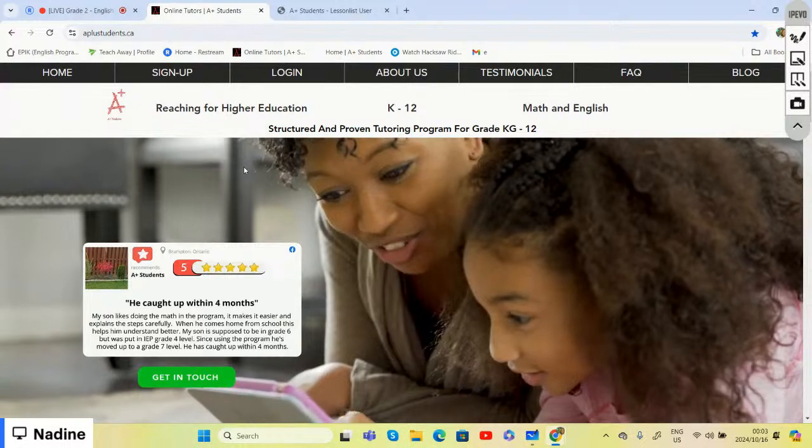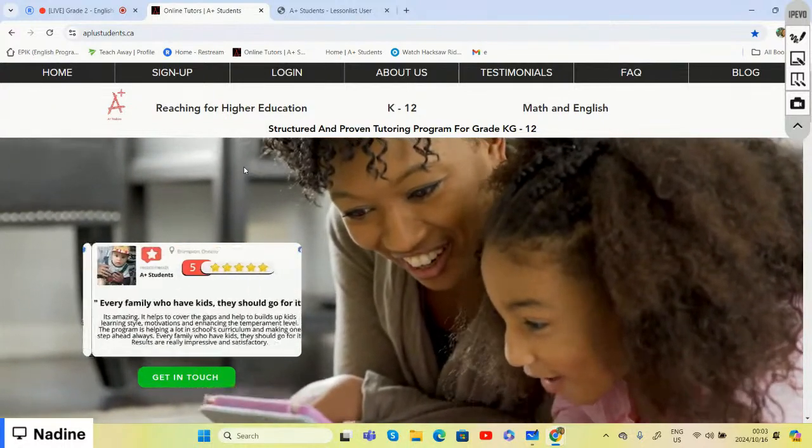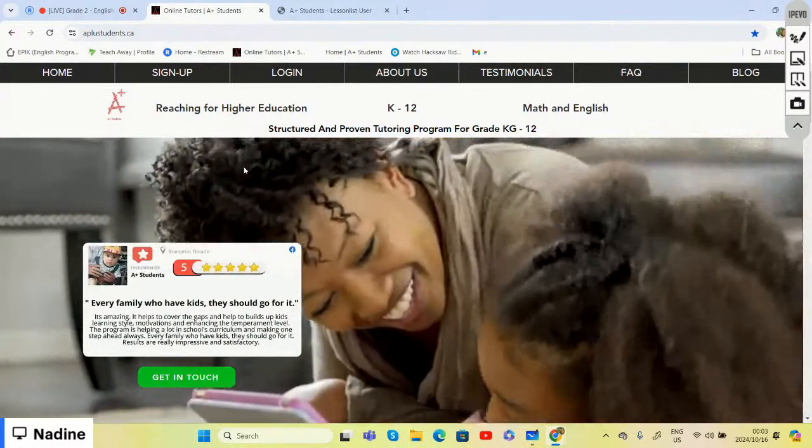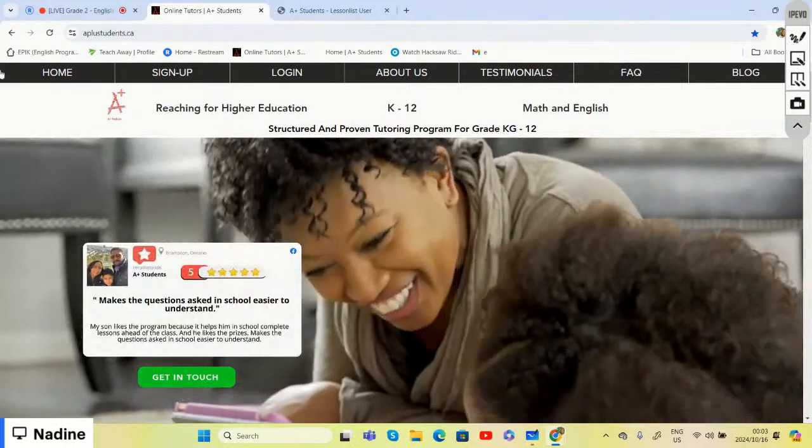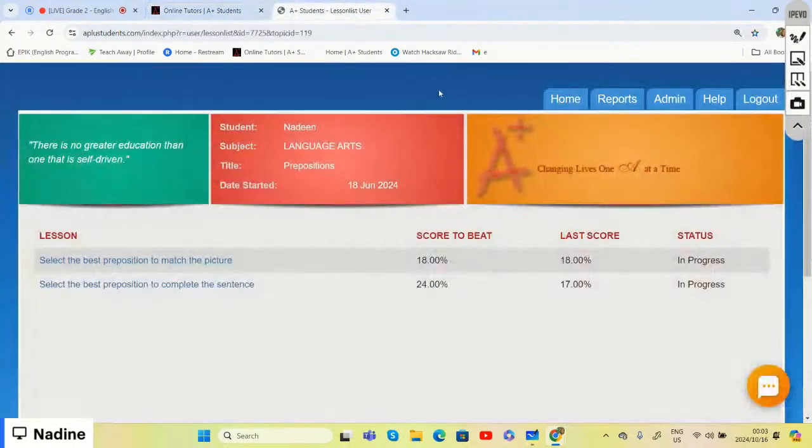We're doing grade 2. Then we're going to scroll down until we get to our chapter of prepositions.